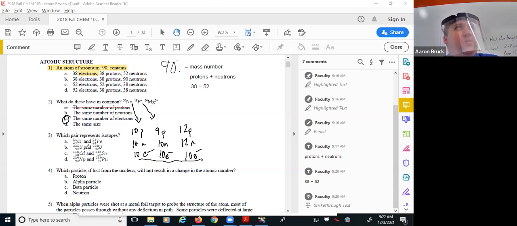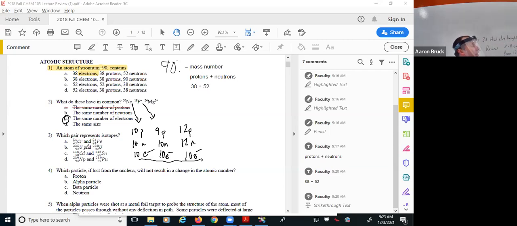Anybody know a geometric prefix that means same? Like in, say, an isosceles triangle. ISO. So this group here is known as an isoelectronic series. I've got three substances with the same number of electrons, isoelectronic.